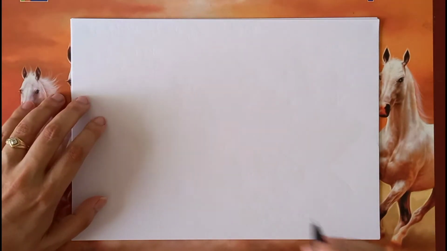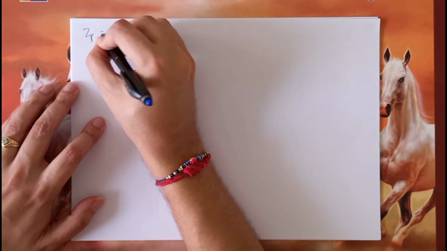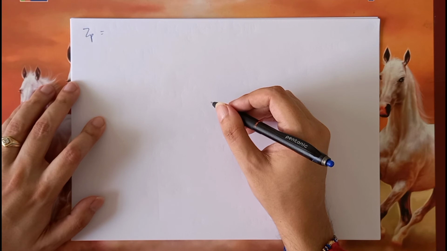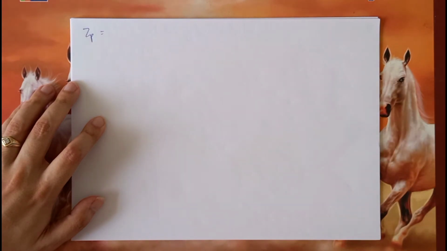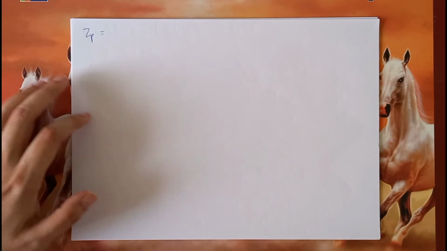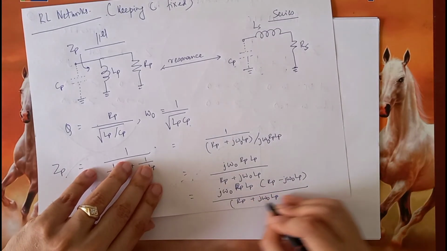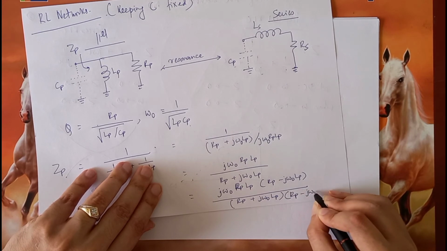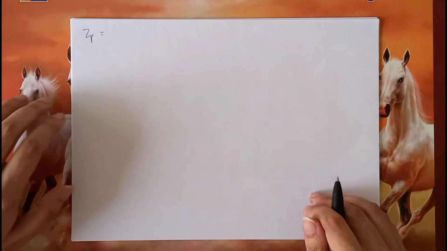And this would then give us ZP as, one thing I forgot, that is to multiply this also. Yes.